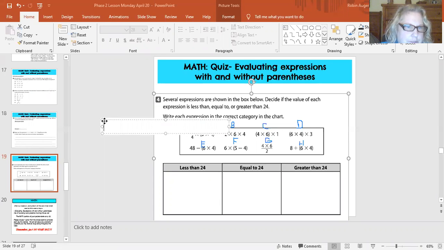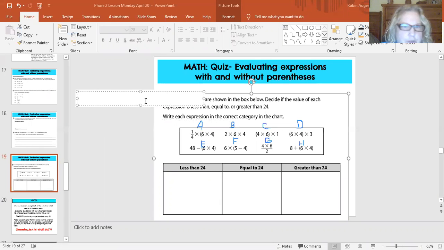All right, so let's use this text box up here for letter A. Okay, we said letter A is going to be 1/4 times parentheses 6 times 4.